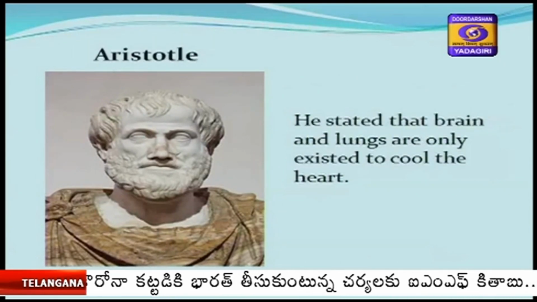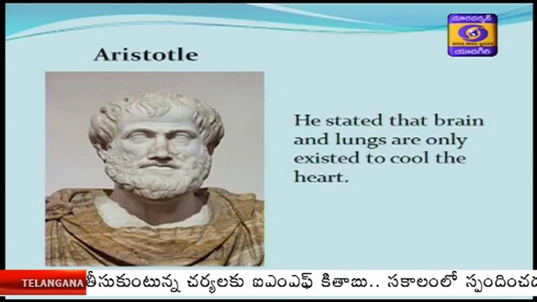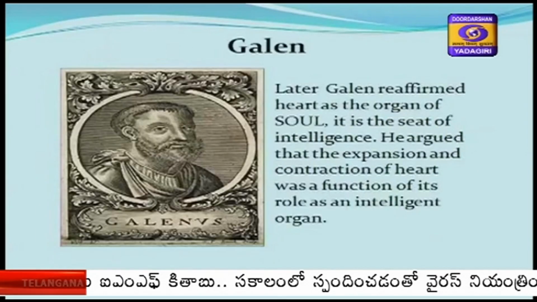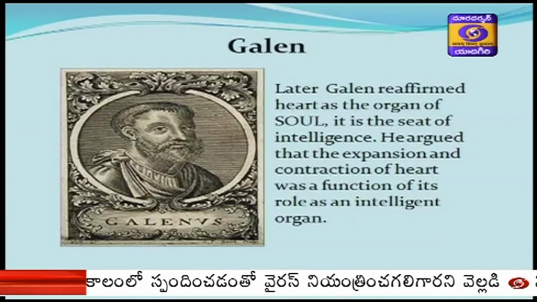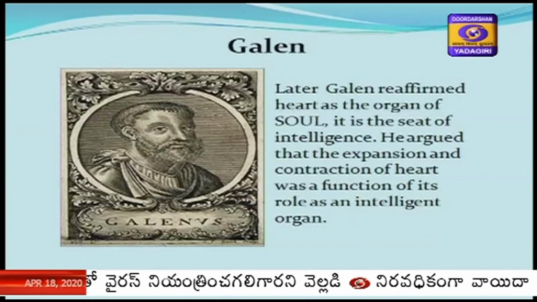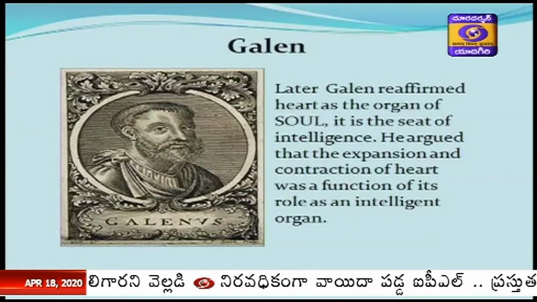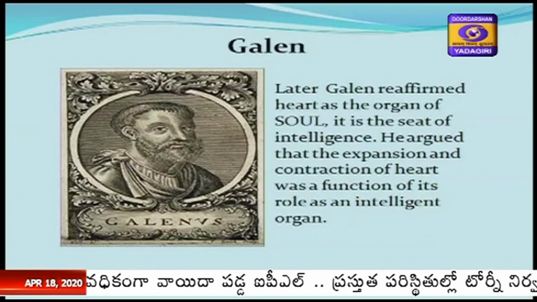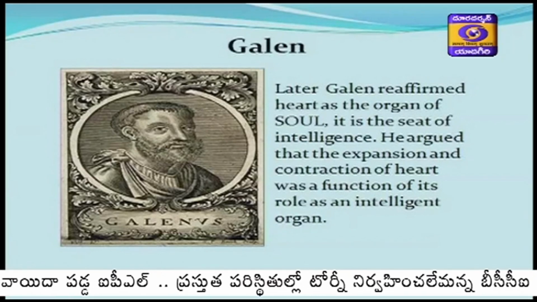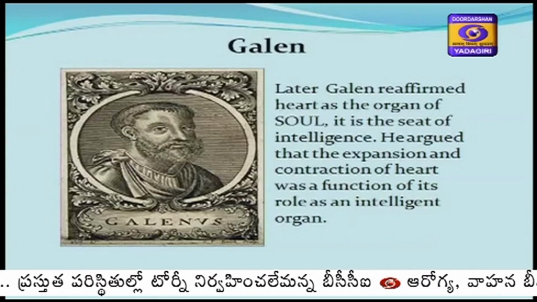He stated that the brain and lungs only exist to cool the heart. Galen reaffirmed the heart as the organ most closely related to the soul. He argued that the expansion and contraction of the heart was a function of its role as an intelligent organ.